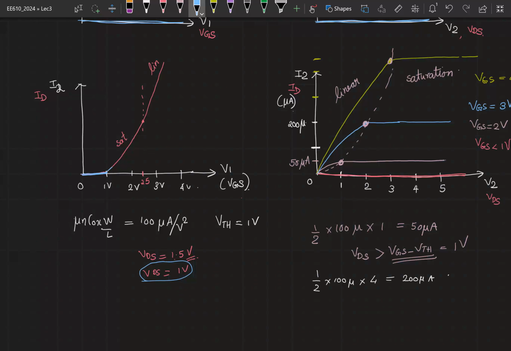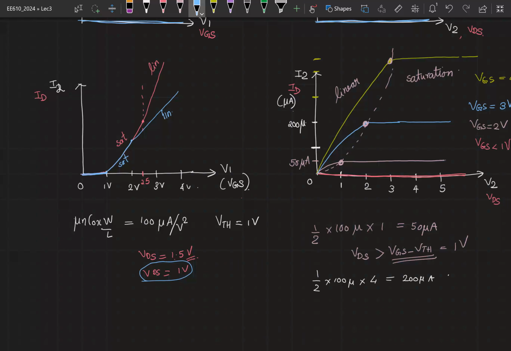Till what point does it follow? Till it reaches 2 volt, till it reaches VDS plus VTH. Okay. Now beyond this, it will be in linear region. So then the curve begins to separate out. Right. So this is in saturation. This is in linear region.